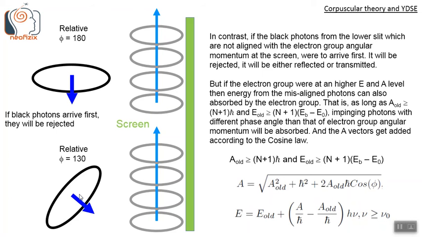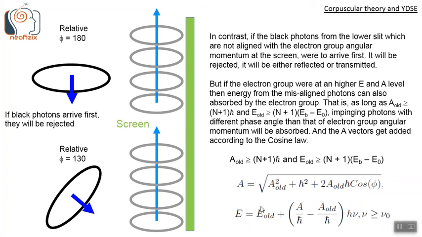Then this is how we add up the angular momentum vectors according to the cosine law. This can be done if and only if the total amount A old of this n electron system is greater than n plus 1 h bar, and the energy is greater than this value, n plus 1 into EB minus E naught. So under this condition, we can add up like this vectorially.